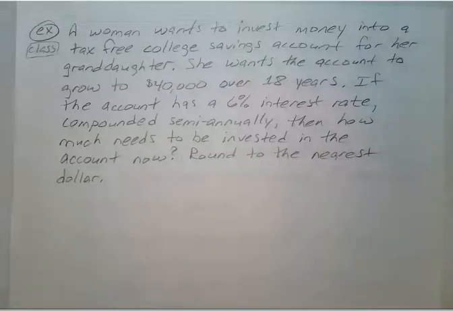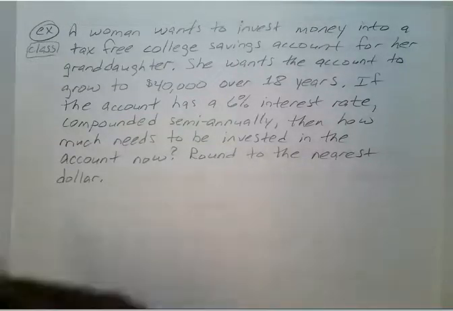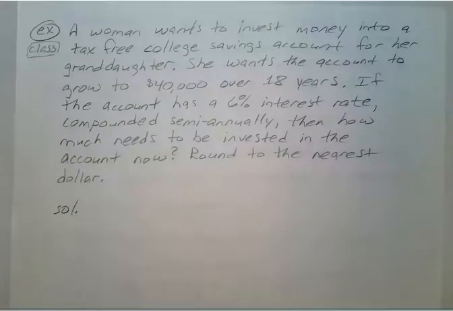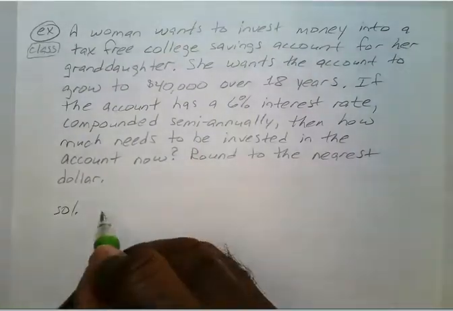All right, so what I want you to do is go ahead and press pause, and using the same method as the previous example, try this one on your own. All right, so I'm assuming you've paused and worked this out, so let's go ahead and verify. Okay, so you can start with any of your variables.